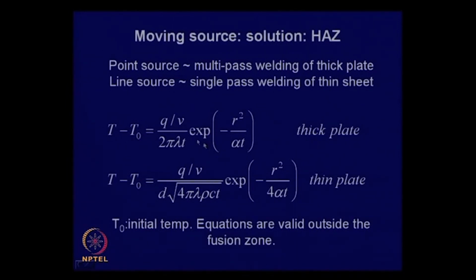This is the expression. Q is the heat input, V is the velocity, lambda is the conductivity, alpha is the thermal diffusivity, R is the distance from the heat source at a particular instant, and T0 is the initial temperature of the plate you are joining. These equations are valid outside the fusion zone.